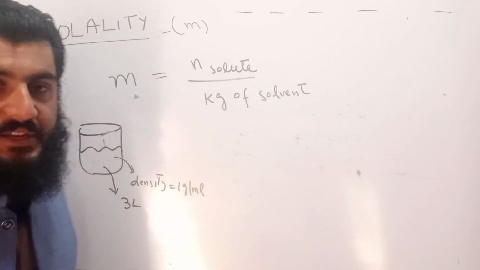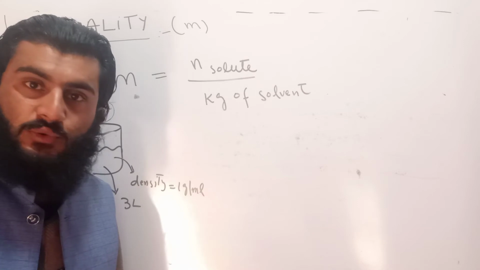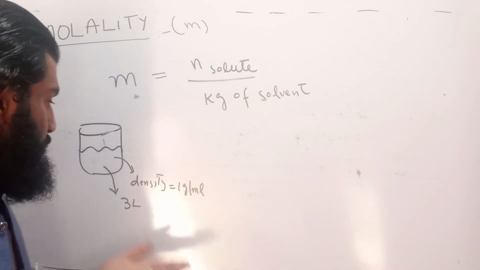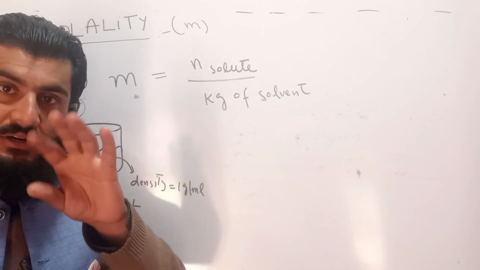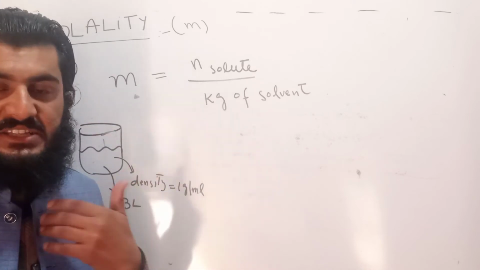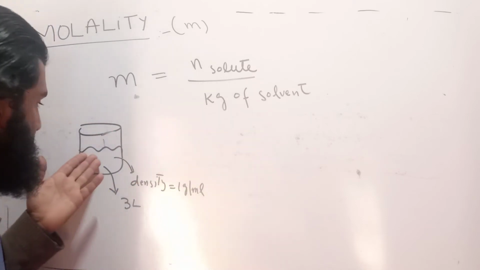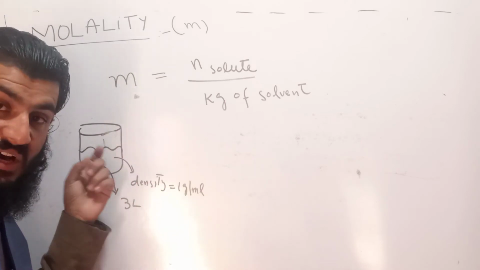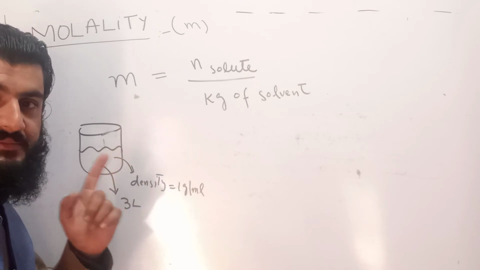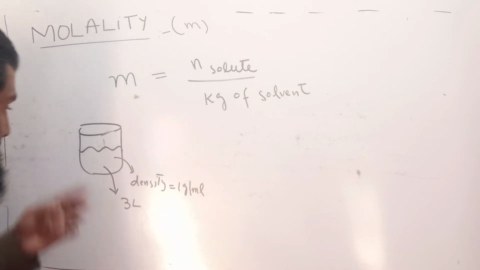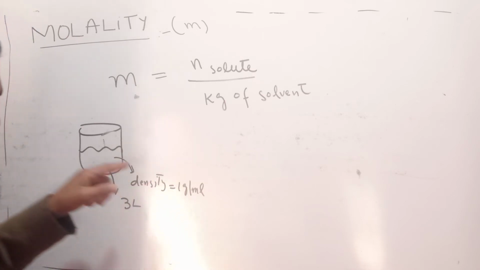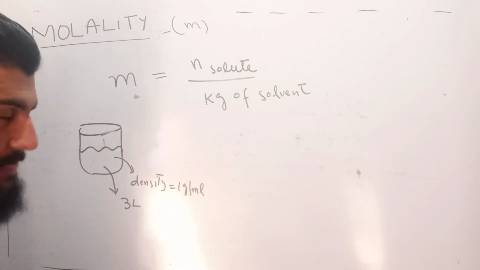Or sometimes they can give it in ml. So for easy calculation, for easy mathematics, we write such type of values which are easy for us. Clear? So this is a solvent whose density is 1 gram per ml, not a solution, and volume is 3 liter.